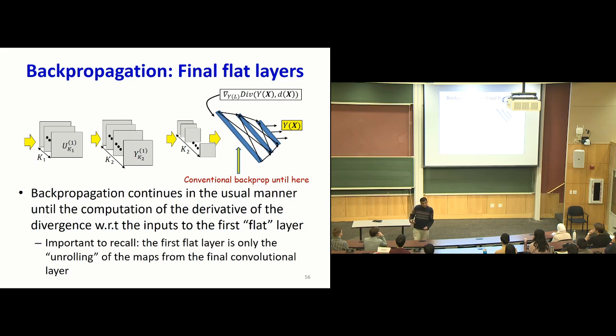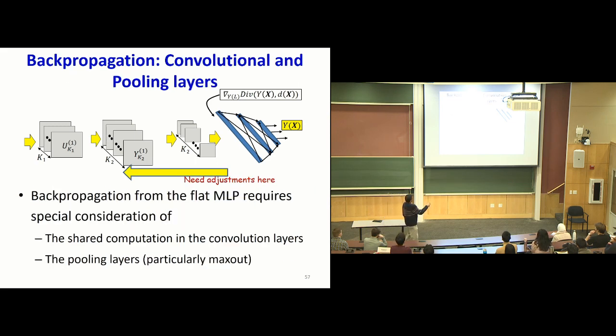That's what you're going to continue to propagate backwards. Those derivatives for the final convolution layer will look flattened out, but then you can fold them back into the same shape as the final convolution layer itself. So you have the derivatives with respect to each of these positions. Now, let's see how those things move backward, because when we propagate those derivatives further back, you're going to need some adjustments.